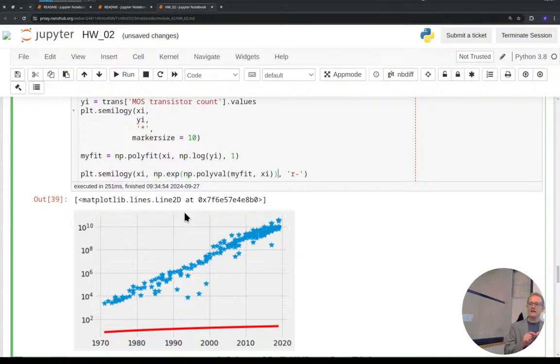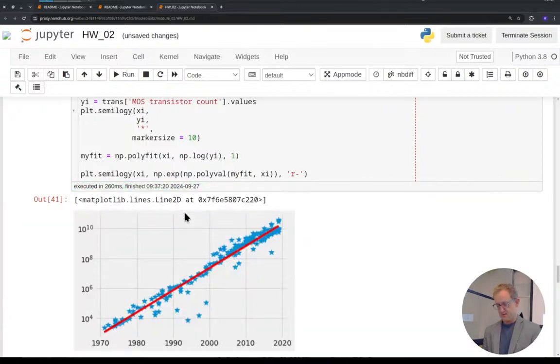So now I'm taking that straight line fit, bringing e to that straight line, and now I can do my polyfit result. Now it looks like a straight line, right? Finally got there, a log scale.